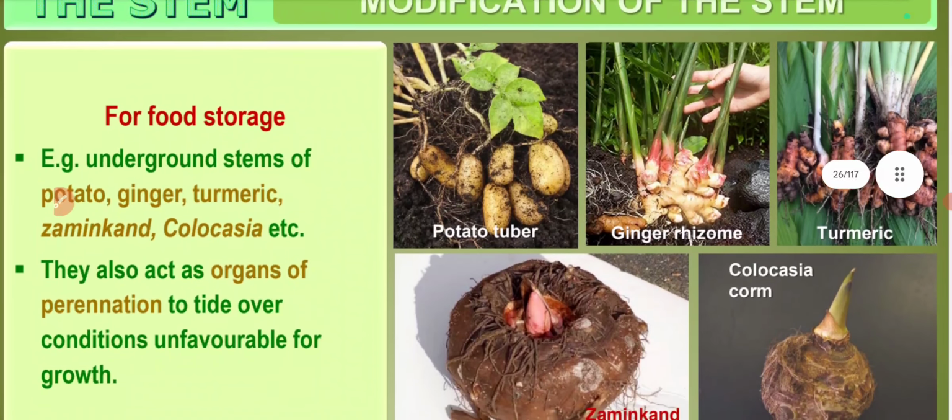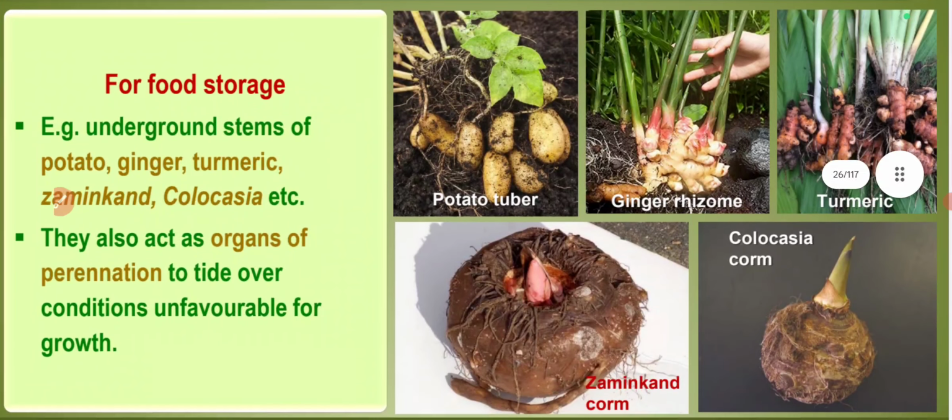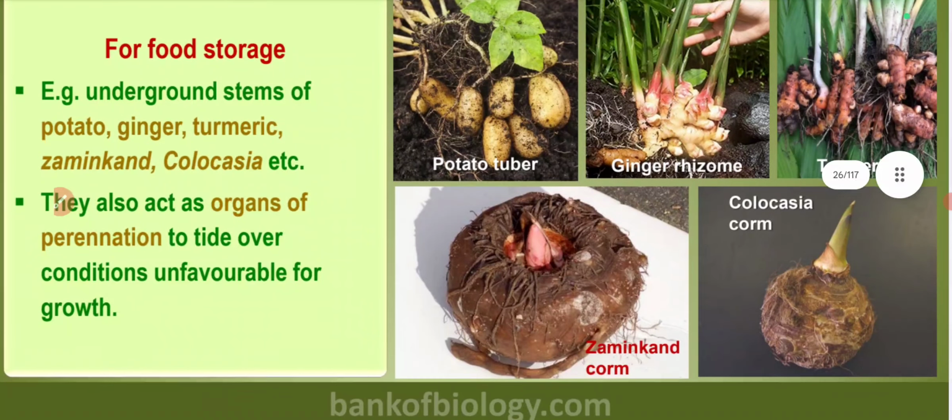First of all, for food storage. Examples are the underground stems of potato, ginger, turmeric, zamikand, colocasia, etc. They are for food storage. Underground stems also act as organs of perennation to tide over conditions unfavorable for growth. Organs of perennation are perennating organs.